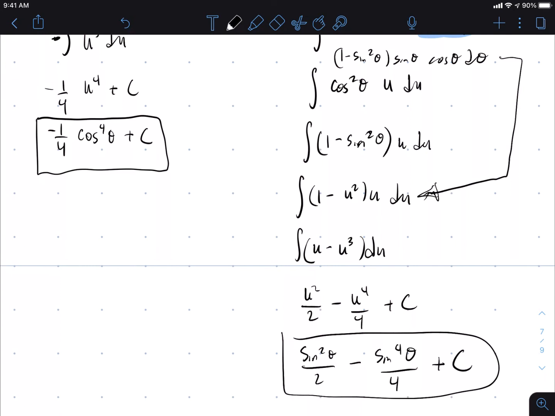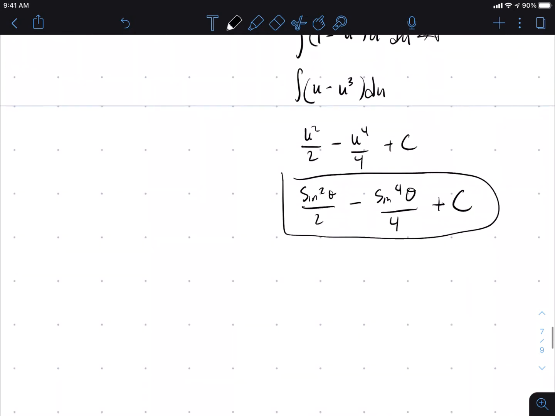Do you want me to see if I can prove that it is negative 1/4 cosine to the 4th theta? Just for fun, we'll do some trig. Okay, let's see if I can do it. We'll go sine squared theta squared.